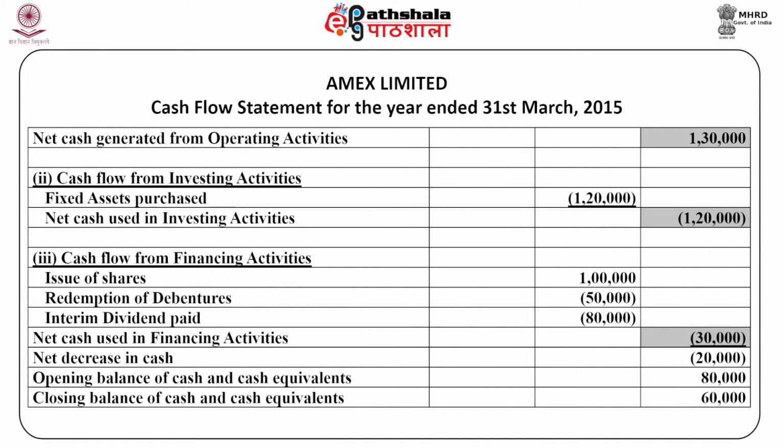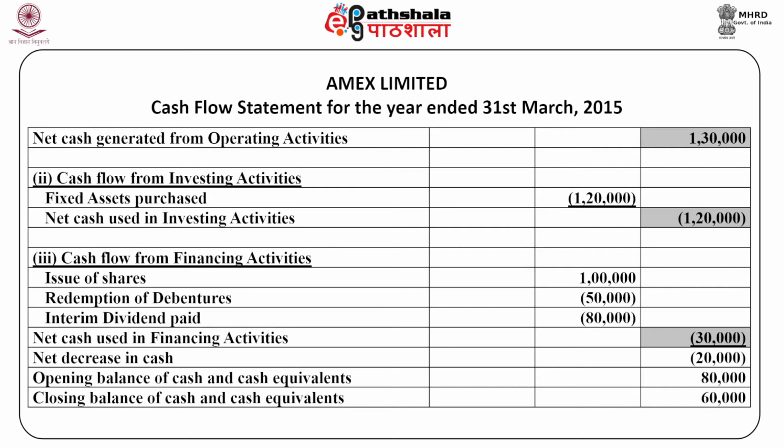Number 2, cash flow from investing activities. Fixed assets purchased 1 lakh 20,000. Again, you see it is in brackets, that means there is an outflow of cash. So net cash used in investing activities is 1 lakh 20,000. Cash flow from financing activities. Issue of shares 1 lakh.